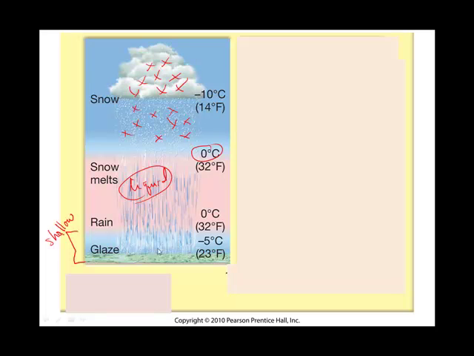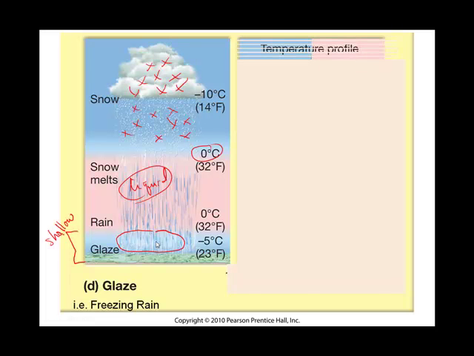And so even though we have freezing conditions down here, temperatures that are cooler than the freezing point of water, there's not enough time necessarily to form those sleet particles. And so it freezes on contact. It's what we call freezing rain. Your textbook calls it glaze. I would call it freezing rain.